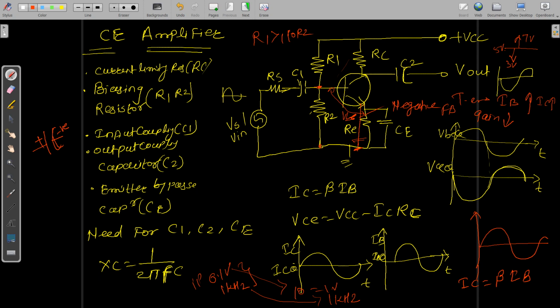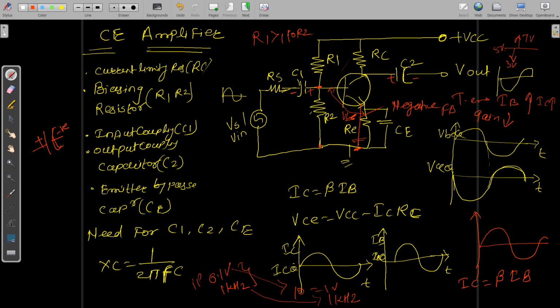So here I have connected the negative to RS, so that at DC equivalent I get it grounded, and the positive is connected to the base. Same thing here, it is positive and here it is negative. So that is about the polarity of the capacitors, and the use of this capacitance.